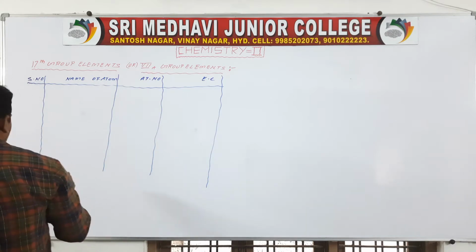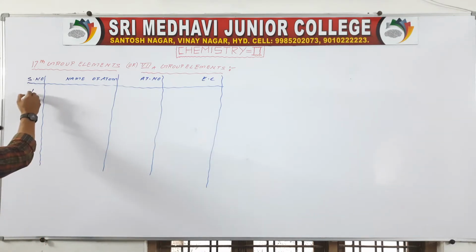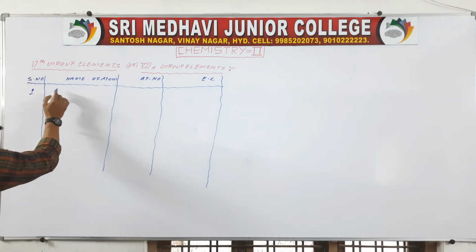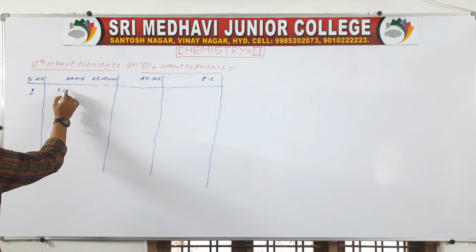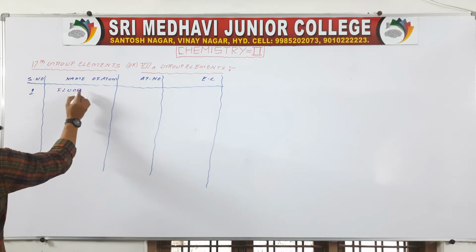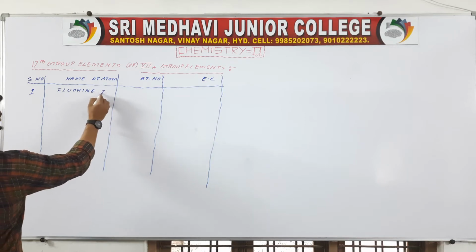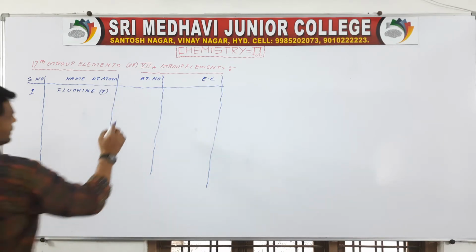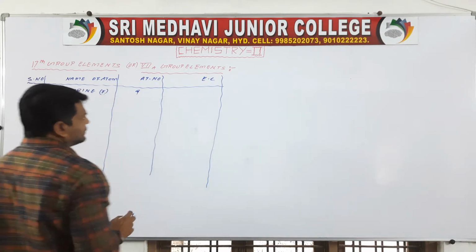First, serial number 1: the name of the atom is fluorine, symbol F, atomic number 9.